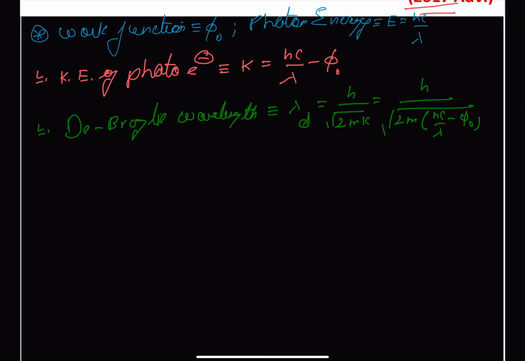We can modify this equation a little bit. We can write lambda d is equal to h times (2m (hc upon lambda minus phi naught)) raised to the power minus 1 by 2. Now we are going to differentiate lambda d with respect to lambda.